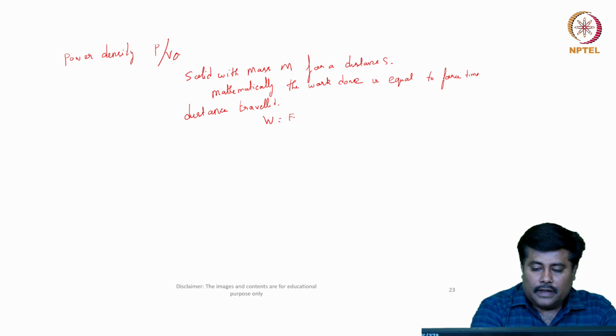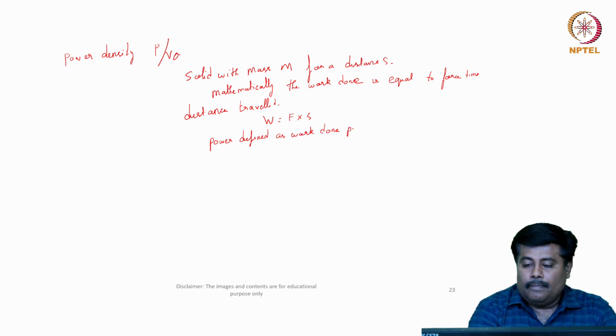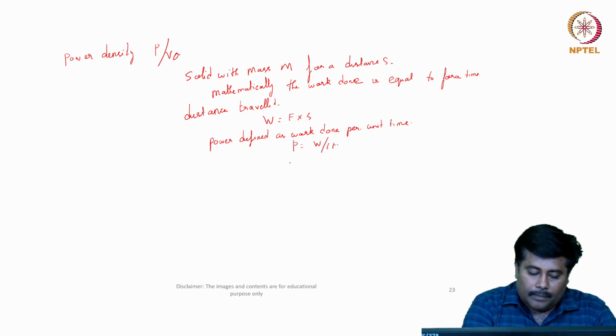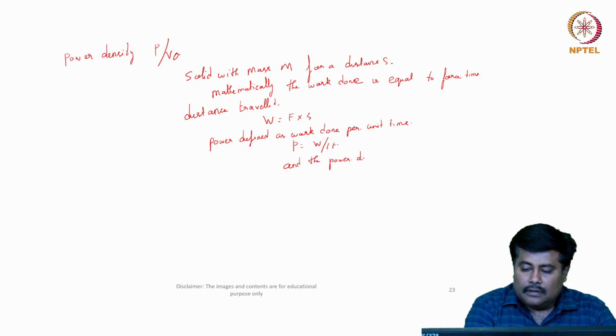So, that is W equals F into S. Thus, power is defined as the work done per unit time, which is represented as P equals W by T, and the power density can be expressed as P by V naught, that is equals Fs by T V naught.